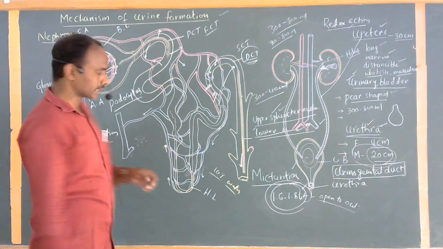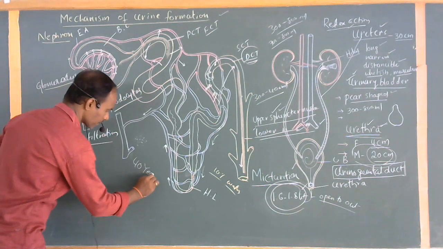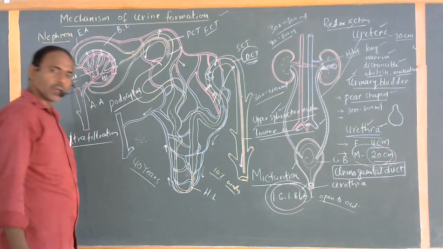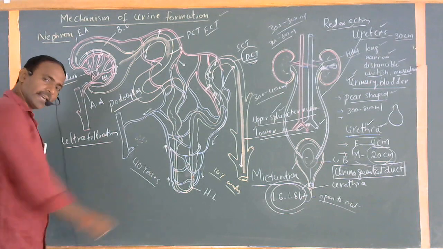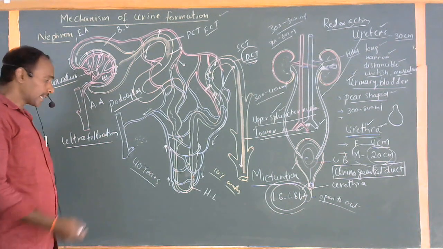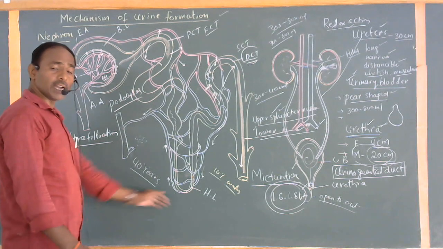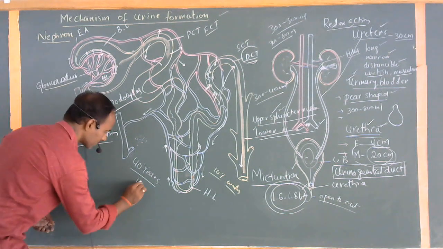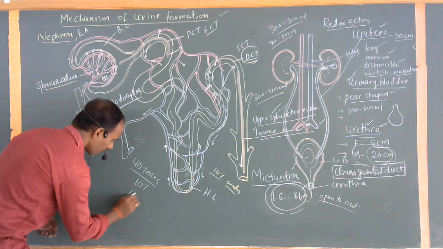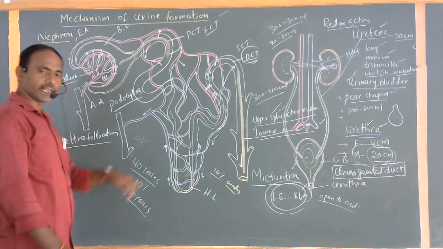When a person's age crosses 40 years, for every 10 years, the ability of the nephrons decreases by 10 percent.